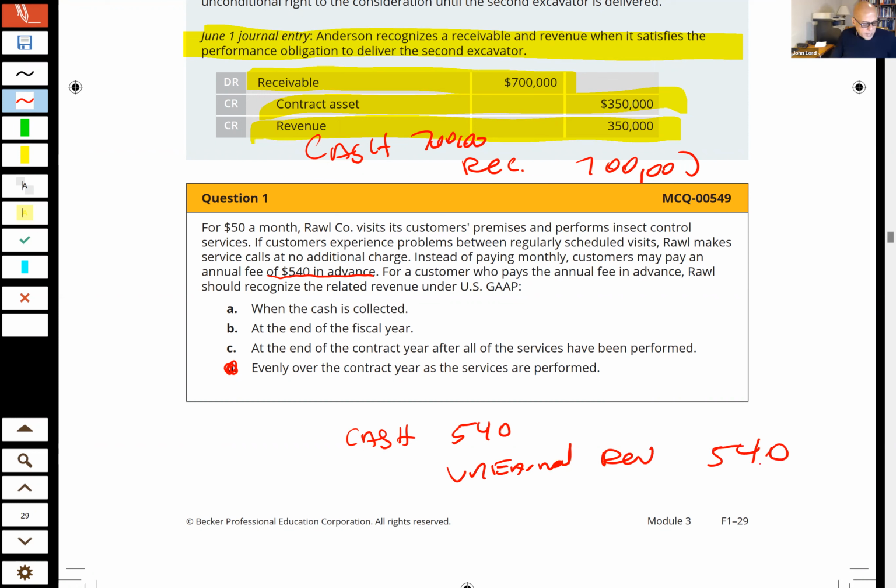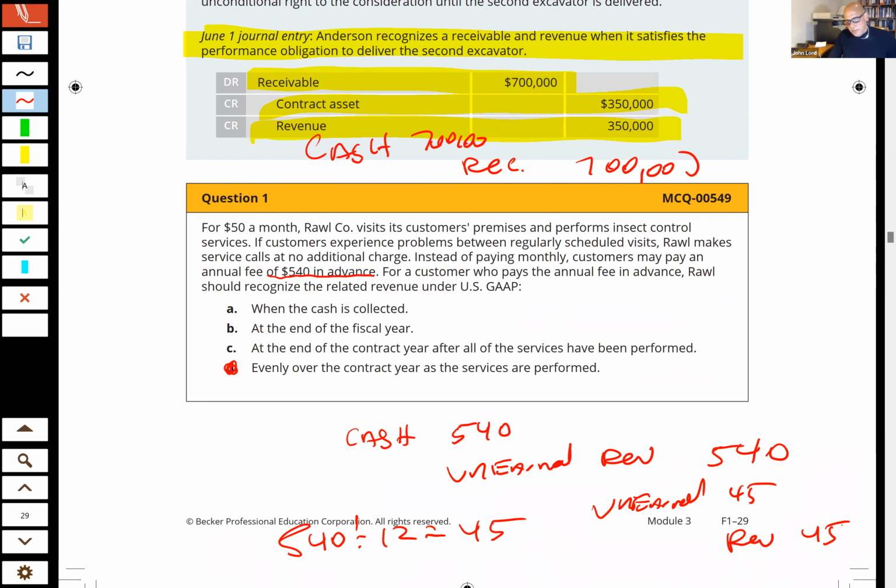Then as you provide the service each month, 540 divided by 12 gives you $45 per month that you debit to unearned revenue and credit to revenue. That's the way a deal like that works.